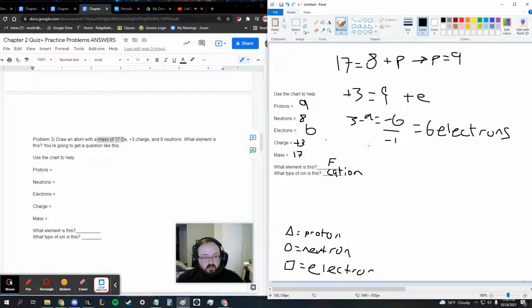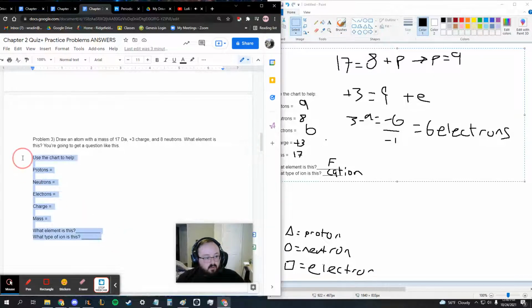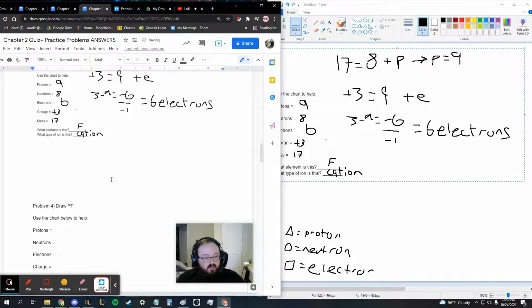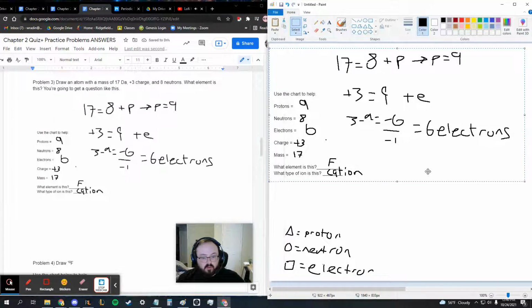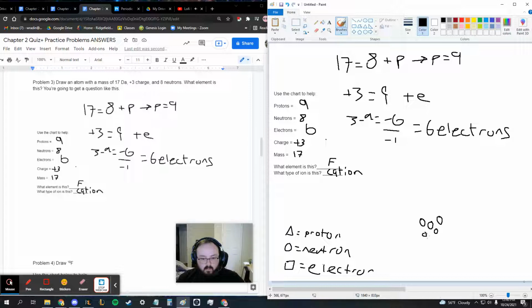So what I'm going to do is get this information here, post this, and then I'm going to draw this down here. So we have 8 neutrons: 1, 2, 3, 4, 5, 6, 7, 8.